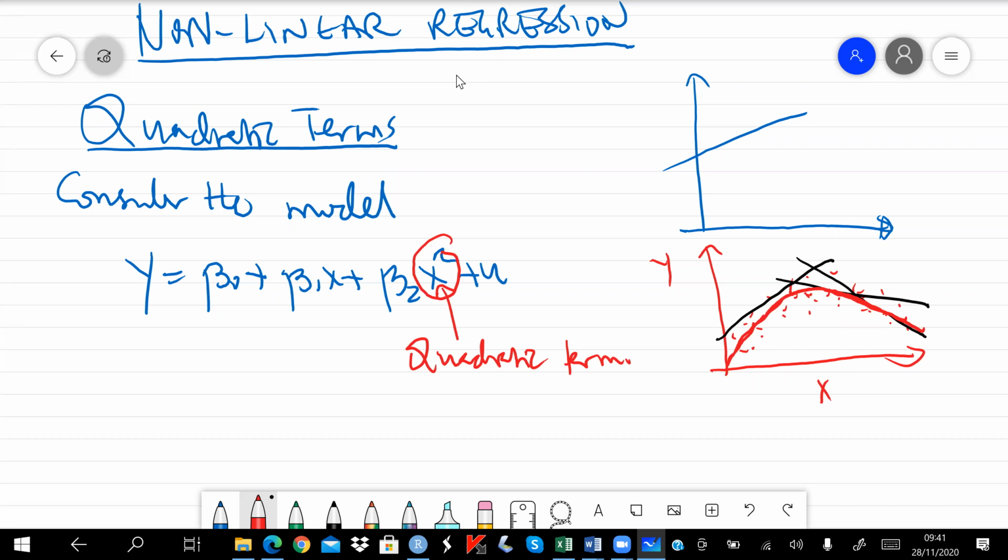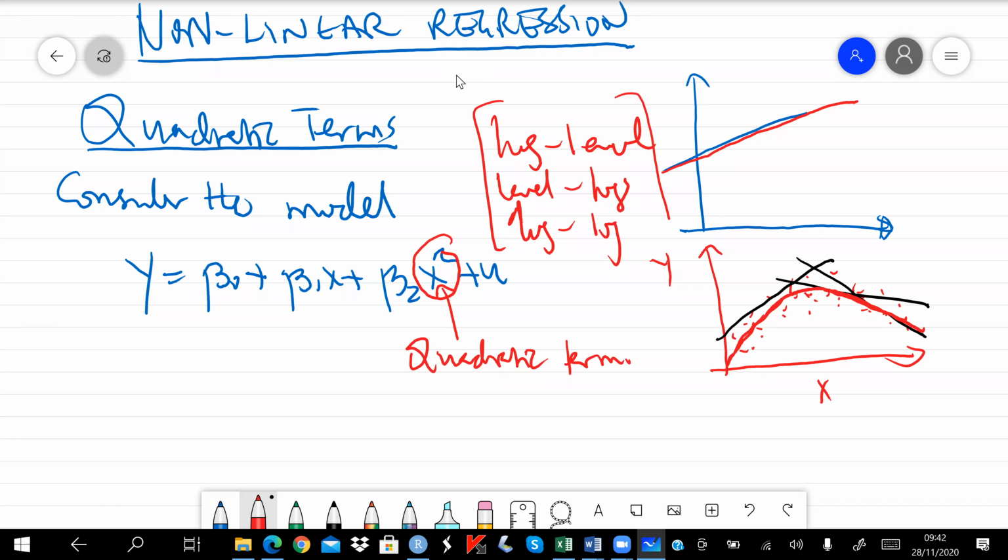So in this model, what I want us to focus on is the interpretation of the regression coefficients. The interpretation of coefficients of a straight line usually is straightforward. Even in cases when we have log-level models, or level-log models, or log-log models, the interpretation is not very difficult.